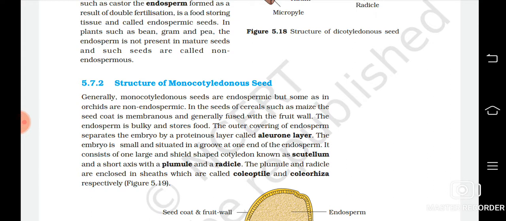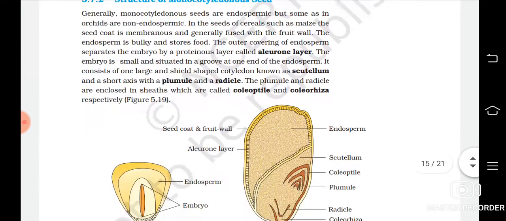And the embryo you can see towards one side. Only one cotyledon is there, that is known as the scutellum, and the embryo is situated towards one side. And the embryonal axis has plumule and radicle. Plumule will give rise to the shoot system, radicle is giving rise to the root system.